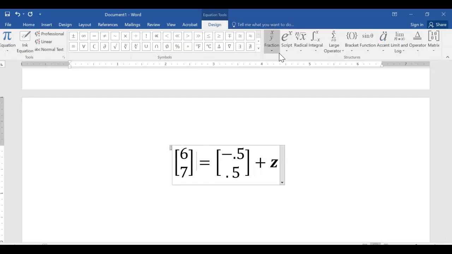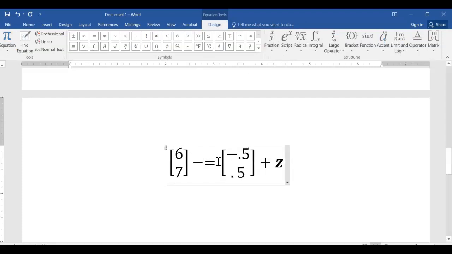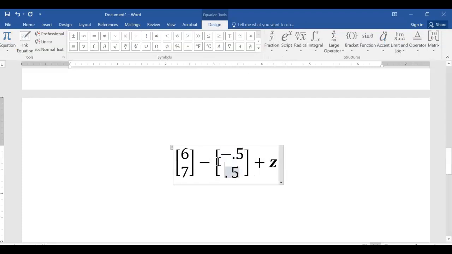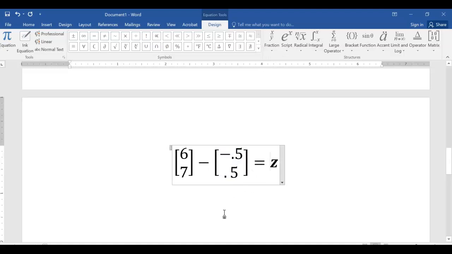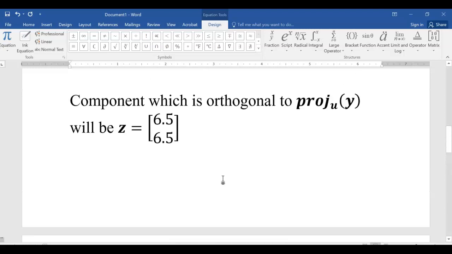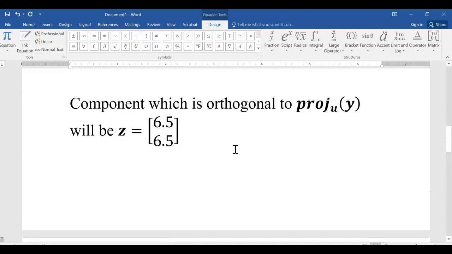So we subtract that from both sides. What happens? 6 minus a negative 0.5 gives me 6 plus 0.5, which is 6.5. And then 7 minus 0.5 gives me 6.5. So I get 6.5 and 6.5 for z.